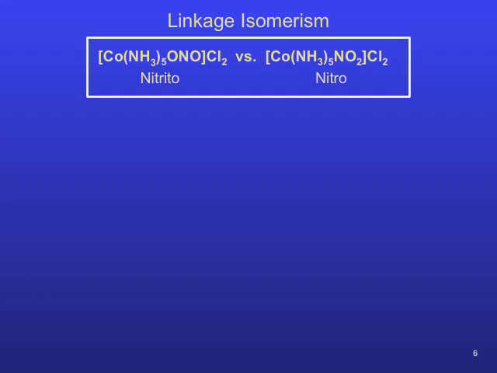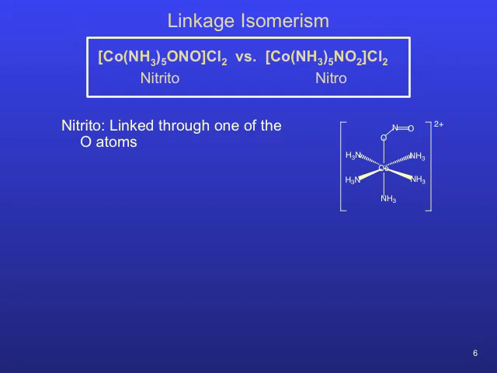The linkage isomers differ only with respect to which atom is bonded to the cobalt in the transition metal complex. In the nitrito isomer, an oxygen atom in NO2 is bonded to the cobalt. This product forms first, hence it is called the kinetic product, and either oxygen atom can form the dative bond to cobalt in the complex.